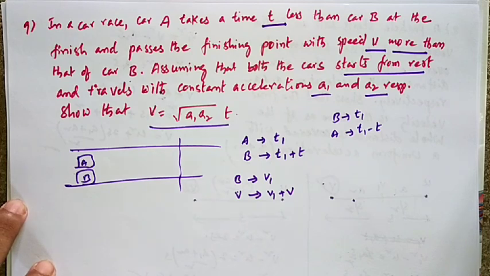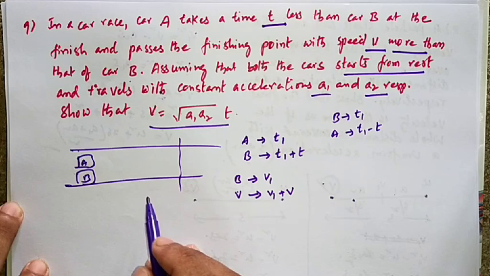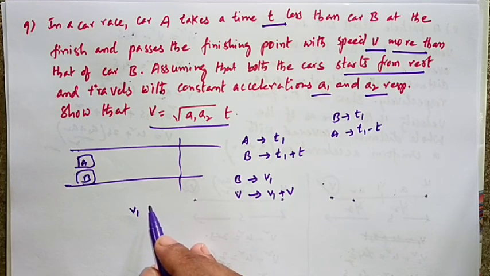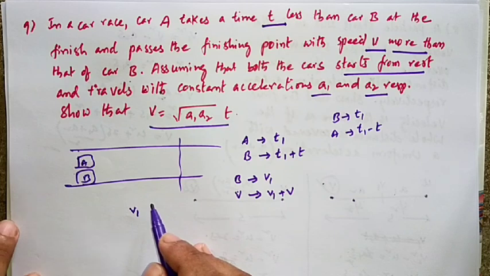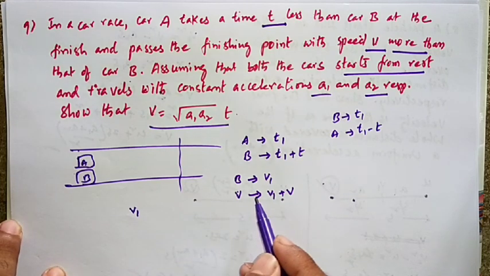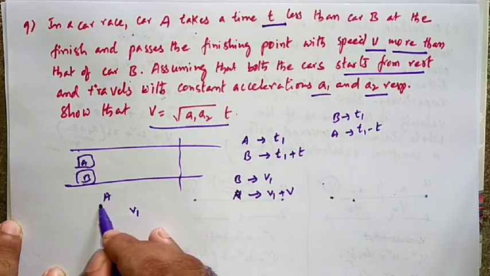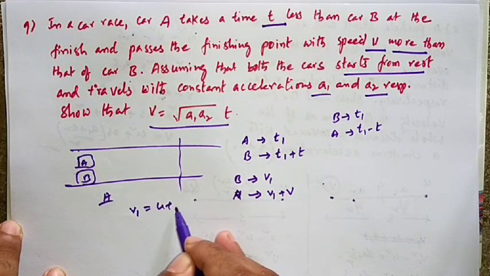Very simple. Okay, no. Now write equations for both the cars. So first I can write v is equal to u plus at. Can I write or not? Yeah. So v is equal to u plus at for car A. If I write, this is A, nana. Car A, I'll write v is equal to u plus at.